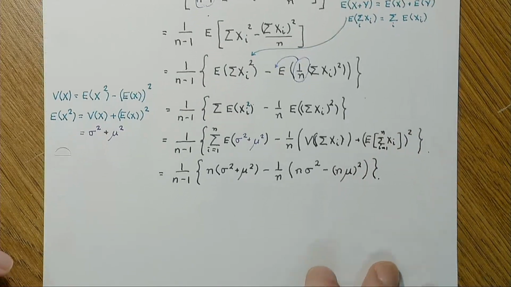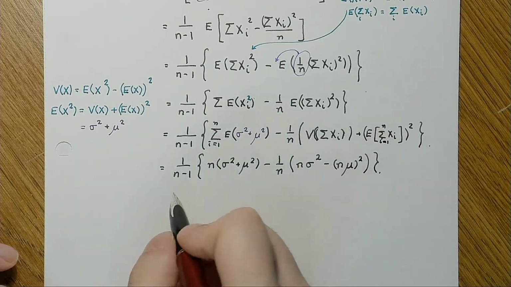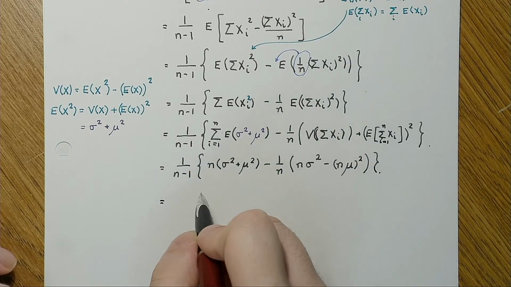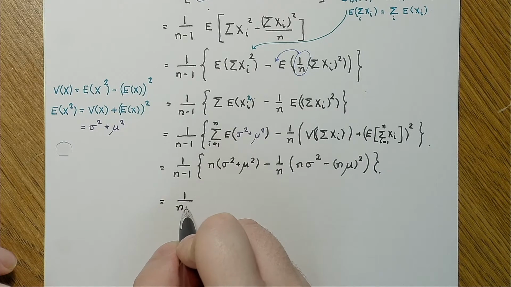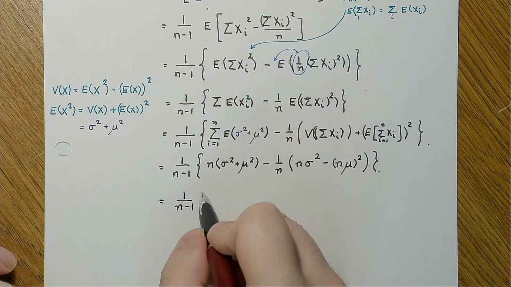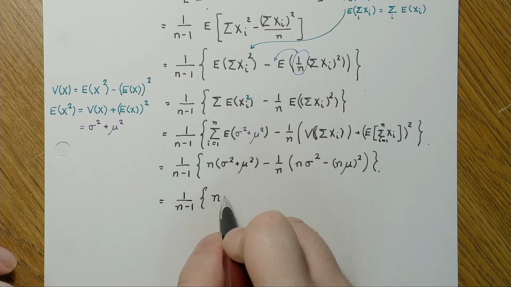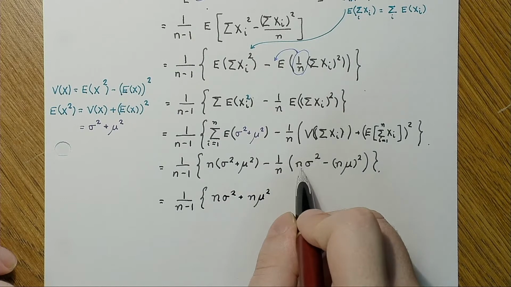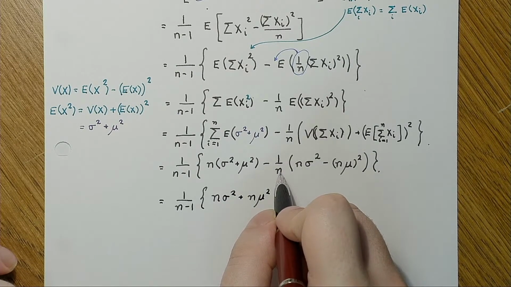So we're almost finished. So I'll have n sigma squared plus n mu squared. Then I'll have the n's here.